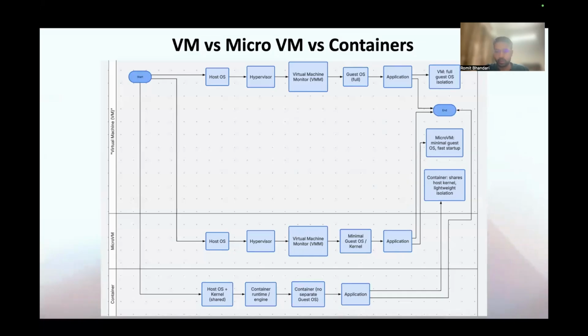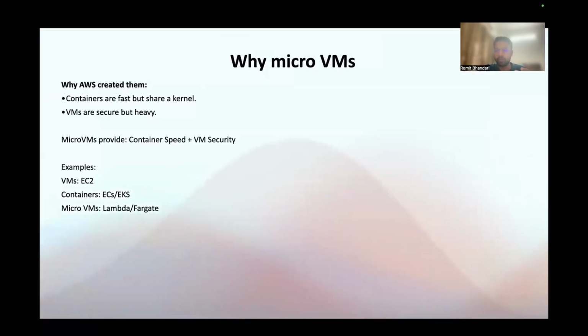So why did we have micro VMs? Why did AWS introduce micro VMs? Containers are fast, but they share the host kernel. VMs are secure but heavy. Each VM in one hardware would have its own guest OS. It's good in terms of isolation, but it's very heavy.